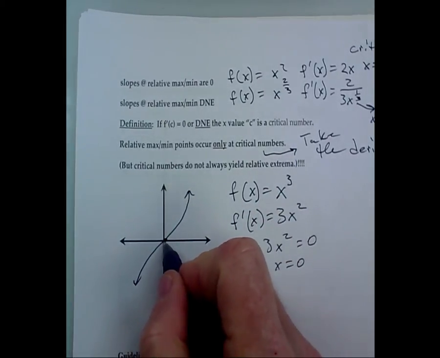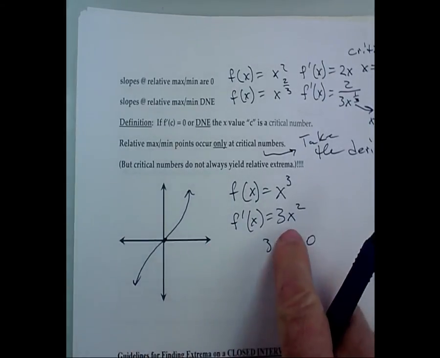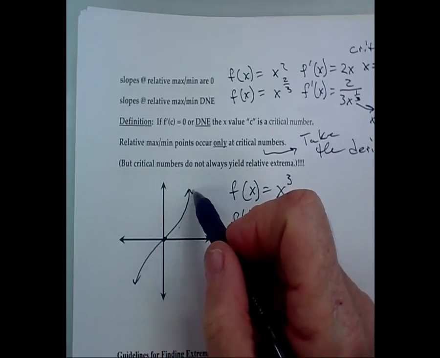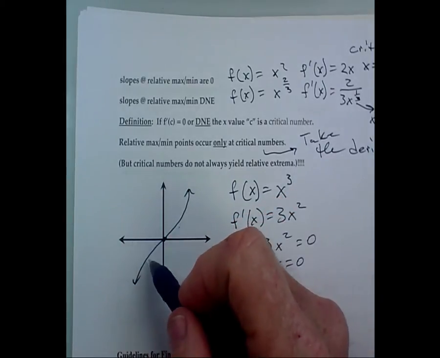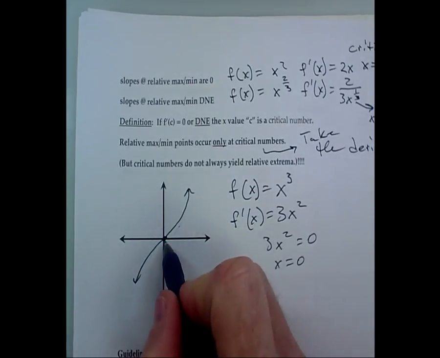This is not a relative min or max, is it? Because for every other x besides 0, the derivative is positive, meaning the function's always increasing, correct? So something special is happening here.